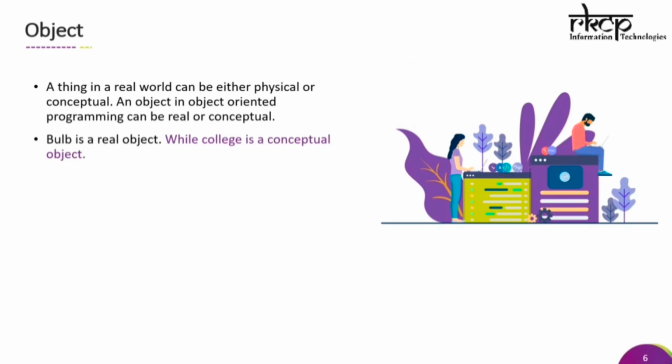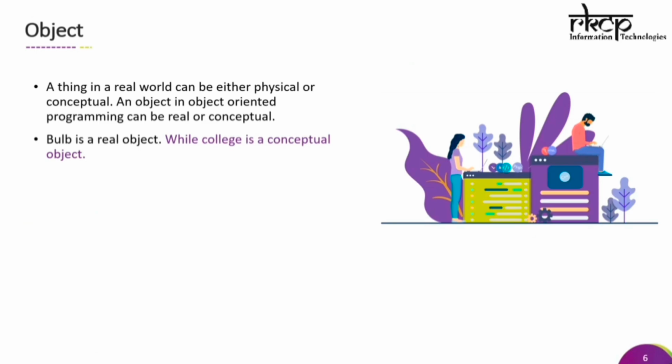Here, things in the real world can be either physical or conceptual. An object in object oriented programming can be real or conceptual. Anything in your house, your book, your pen, whatever things you are seeing or can assume, all are objects.